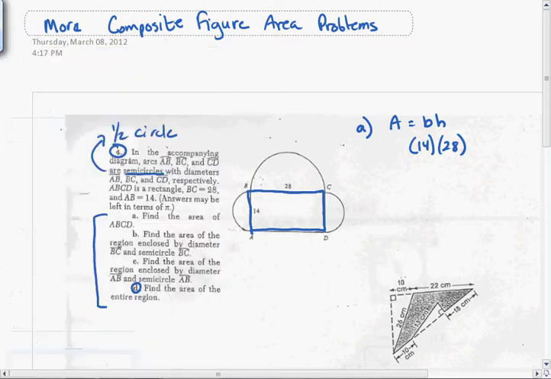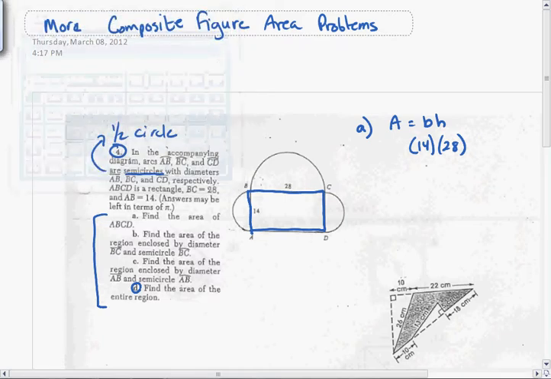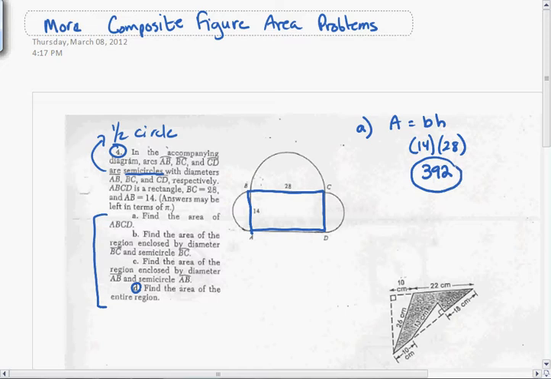I'll just pop those into the calculator. 14 times 28, 392. And there are no units on the diagram or in the instructions, so I'm not going to include units in my answer. They would be squared units if I were referring to specific units. So there's part A, 392.